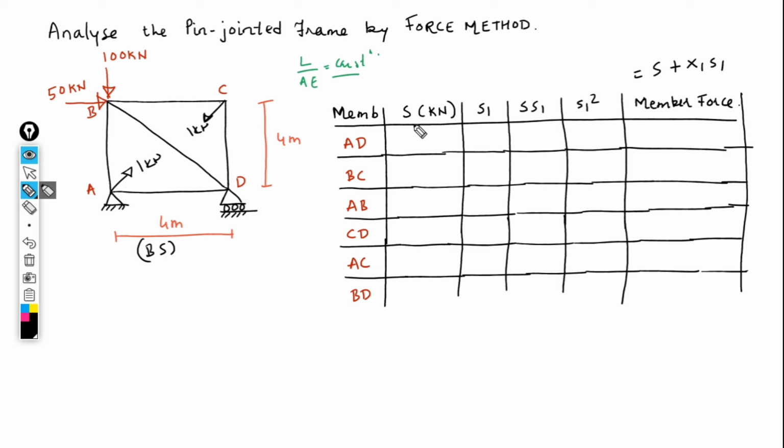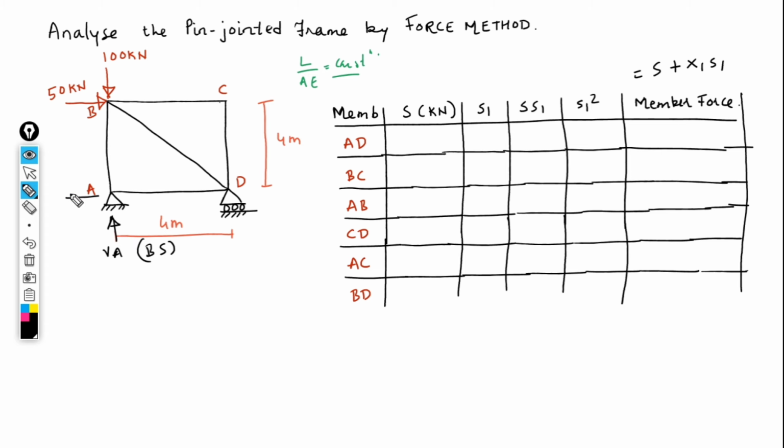Now we will solve for S. S is the member force developed in the basic structure due to given loading. So this is the basic structure. Now find the reactions developed by the supports due to the given loading. Here I will assume reaction VA vertically upward. If I get positive, my assumption is correct.